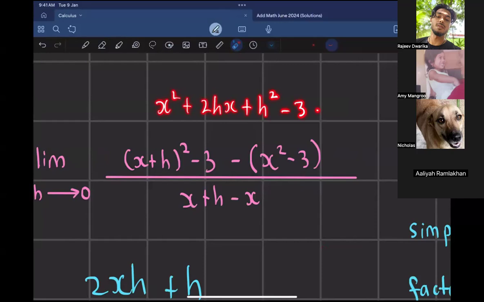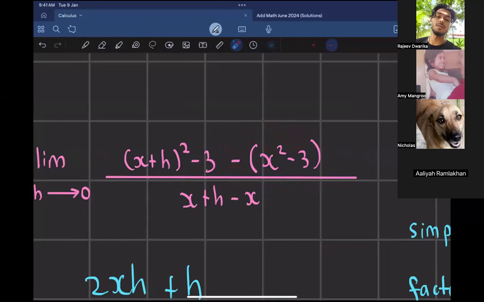I get minus 3x squared, plus 3x squared. How do you get minus 3x squared? The minus 3 doesn't have anything to do with this. So it could be minus x squared plus 3.